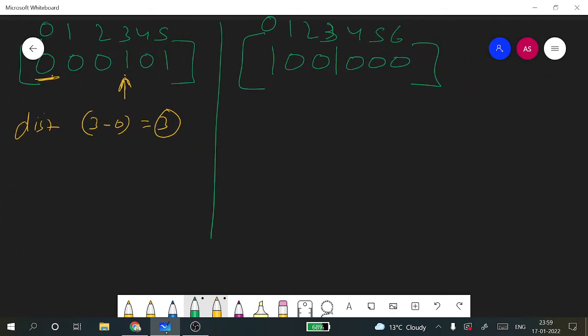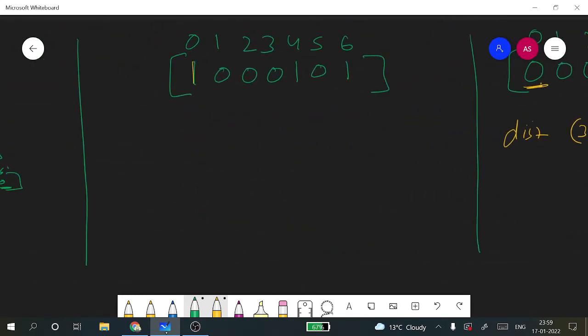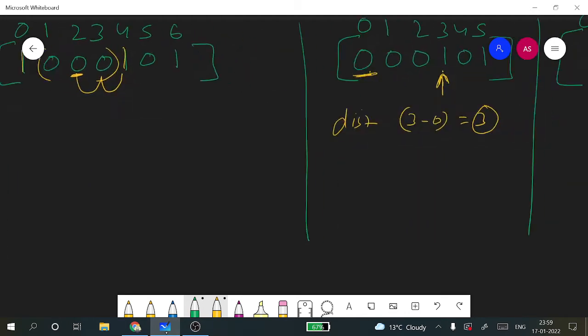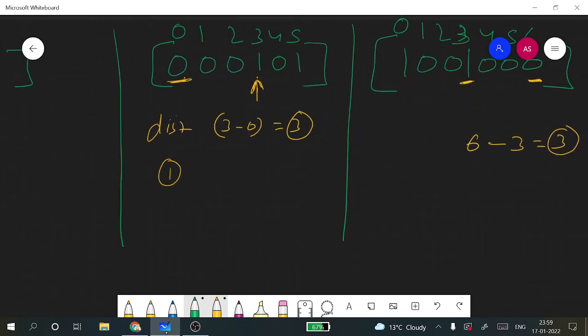If Alex sits at the rightmost one, the distance would be 6 minus the rightmost one, which is 3. And if Alex sits in between the ones, the distance would be the middle of all these zeros, which is 1 and 2.